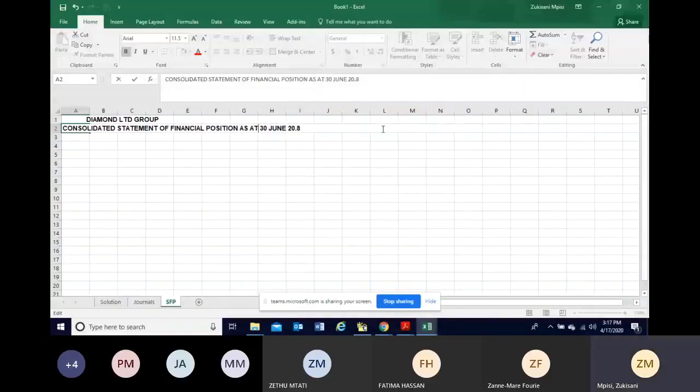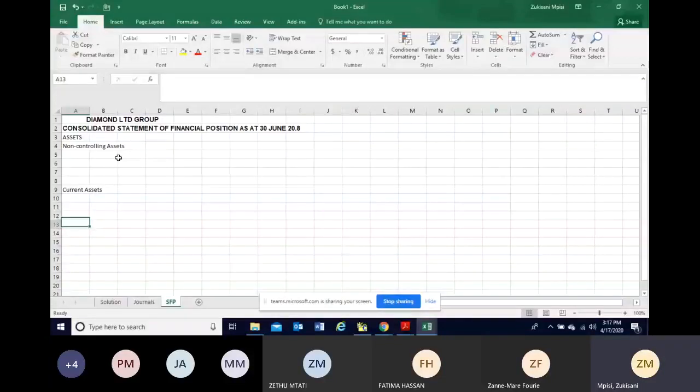As at 30 June 2008. And really here, things should be going really smoothly. You've got assets, you've got non-controlling assets. We'll see what we have. We've got current assets.